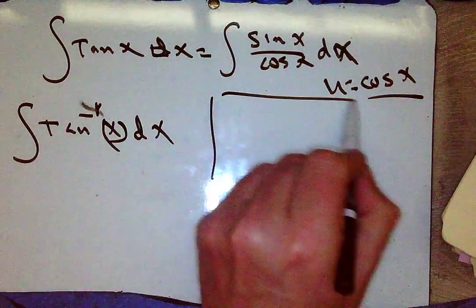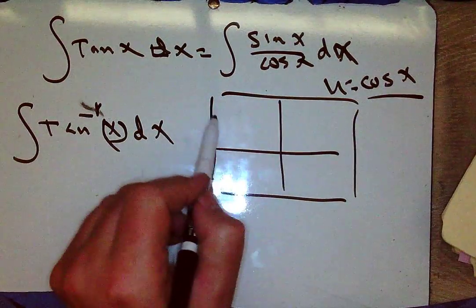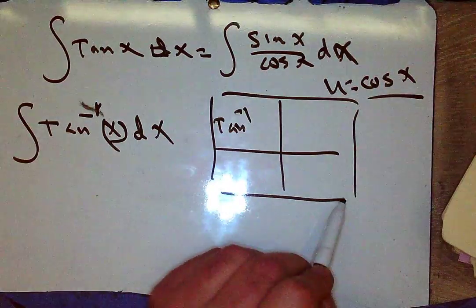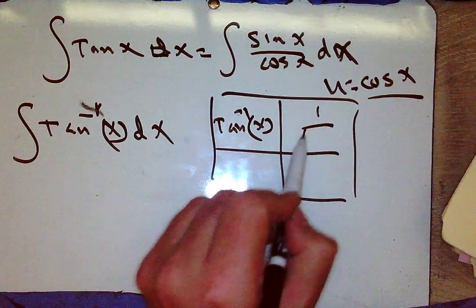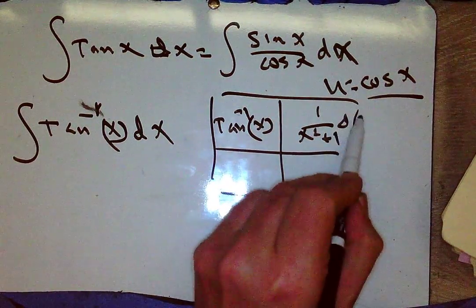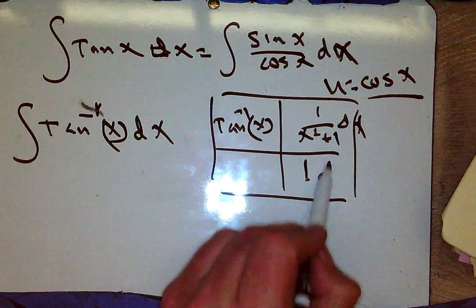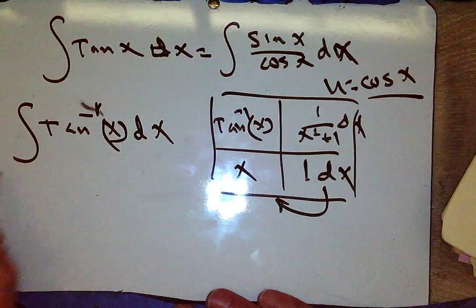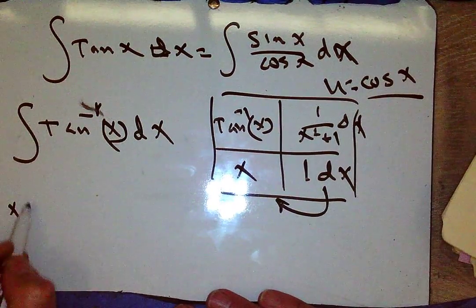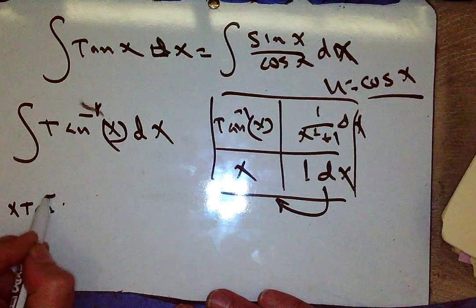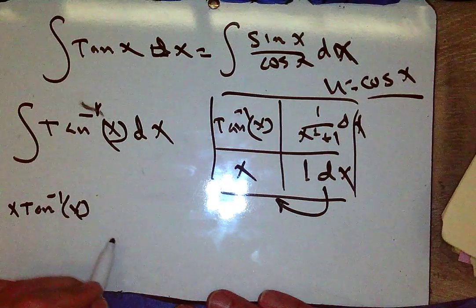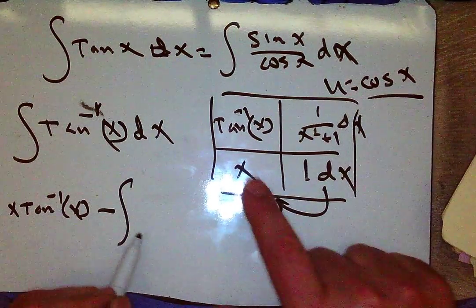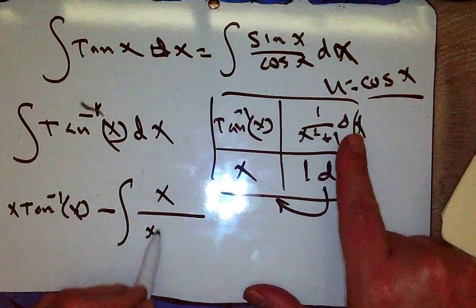Well, that's by parts. I know how to take that derivative, so I'm going to put that there. 1 over x squared plus 1. And I got just 1 dx left over. So that's going to be x. So this integral then is x tangent inverse x minus the integral of this over that.